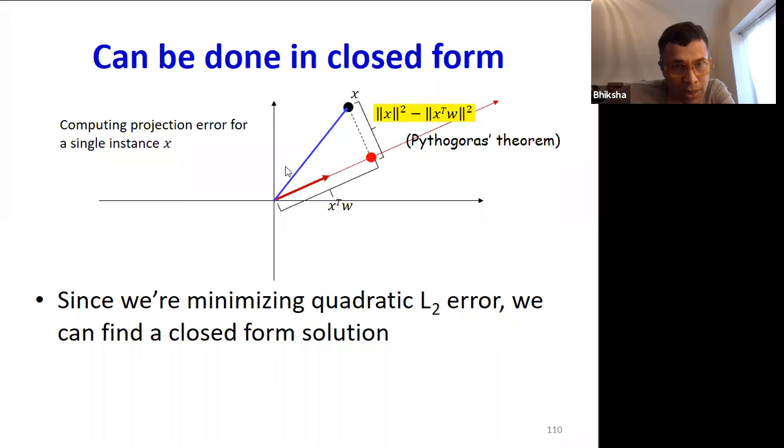So it's going to be the squared norm of X minus the squared norm of the projection. This is the error that you make for any given data instance when you project it onto W.